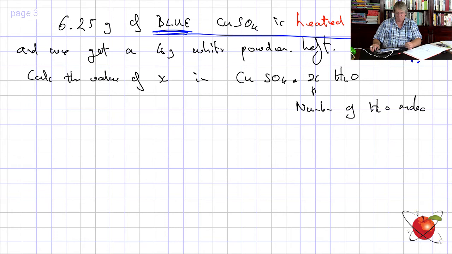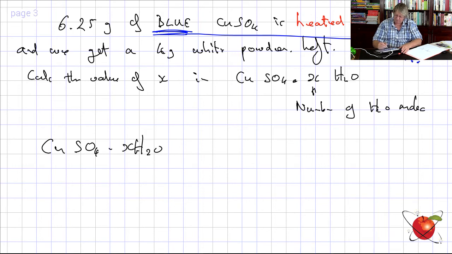The water's there. So what have we got? We've got the blue copper sulfate. We heat it and the water goes. Let's just see what happens here, using a chemical equation: CuSO4·XH2O, heat, we end up with CuSO4 plus X times H2O.